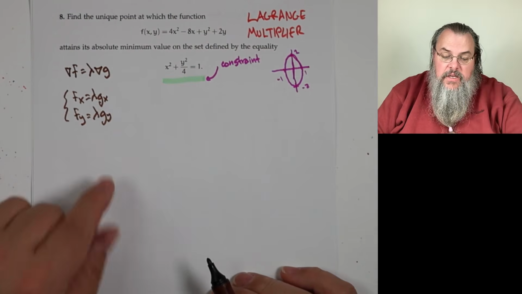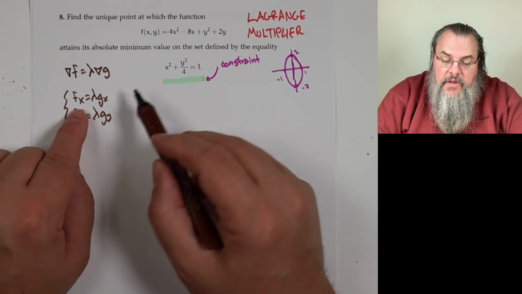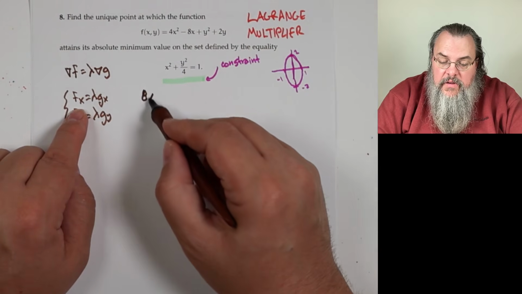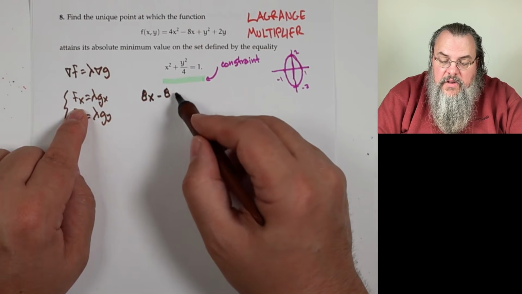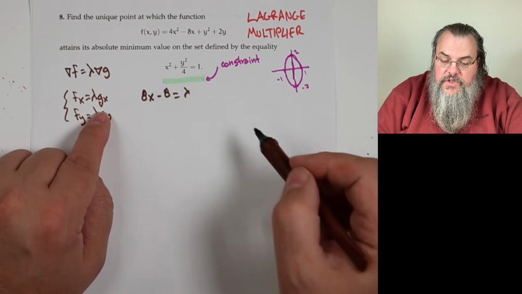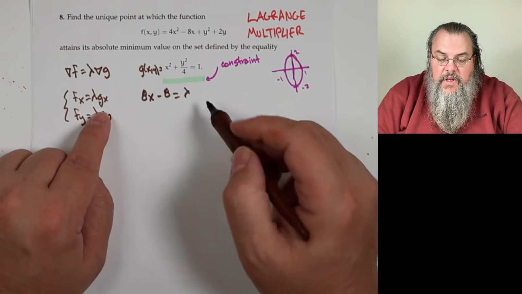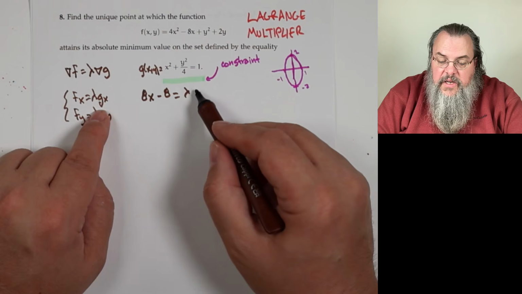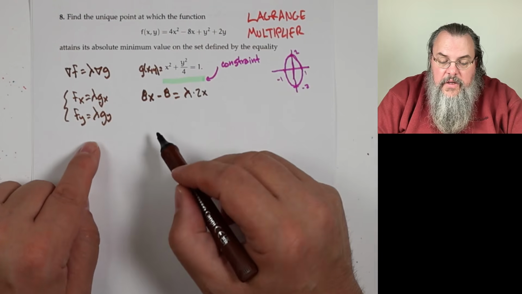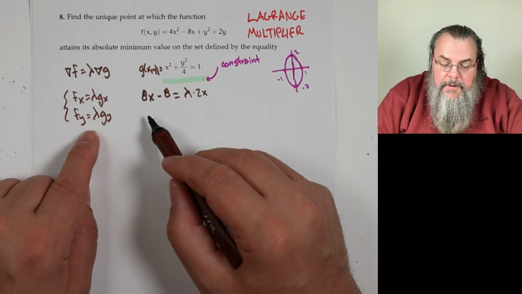Well, okay, what does this become? Take the derivatives. The derivative of f with respect to x is 8x minus 8 equals lambda times the derivative of g. Now you might say, where is g? g is the constraint curve. So this is your g. g with respect to x is 2x. Now, what about f sub y?